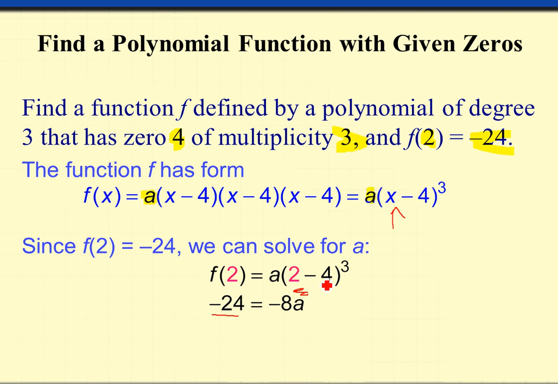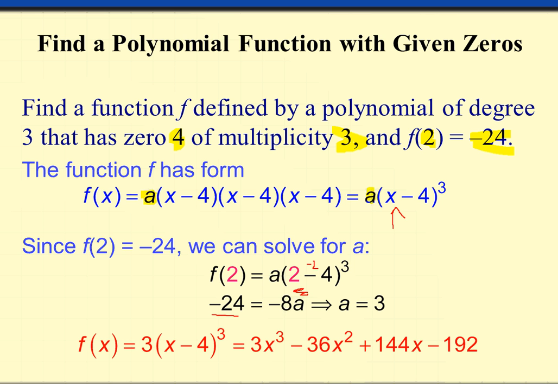Well, 2 minus 4 is a -2, and we cube that, we get -8. So the right-hand side is -8 times a. We solve for a by dividing by -8. We get a is 3. So f of x is 3 times x minus 4 cubed. And if we were to expand that, multiply it all out, that's the result we would get.